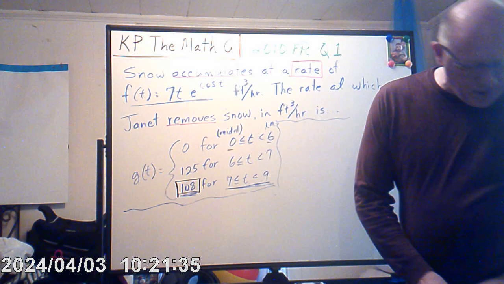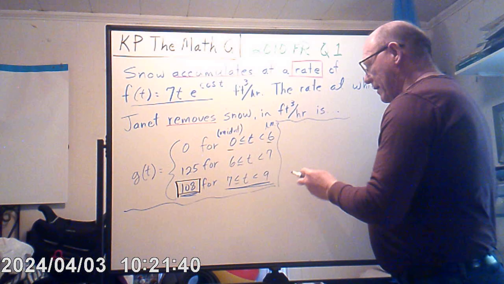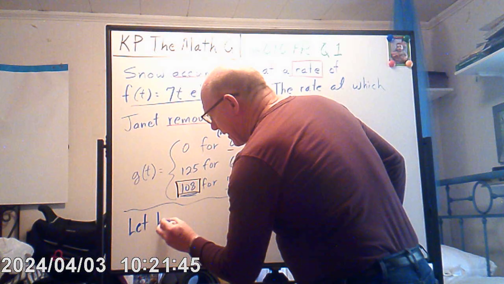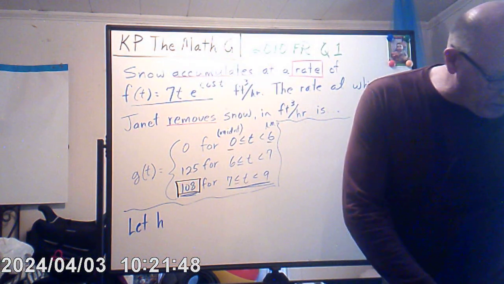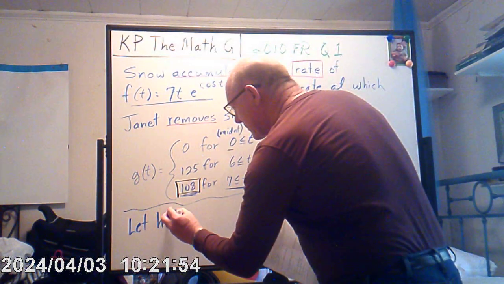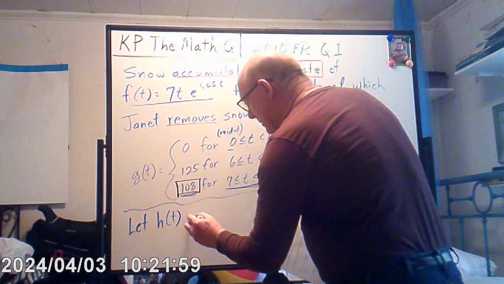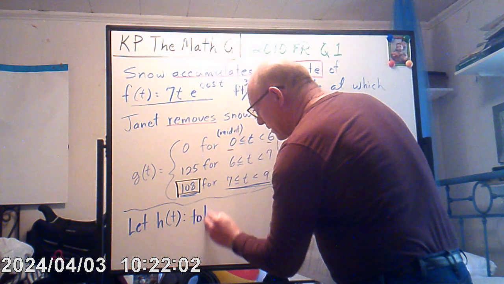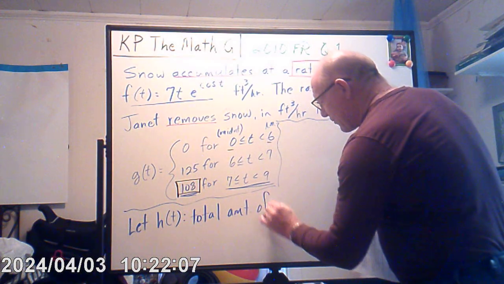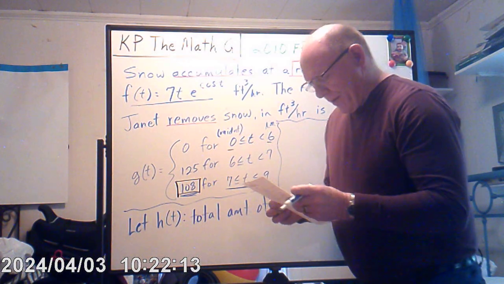All right. So let's see. It says, and I may just have to turn the board over, let H... now we're dealing with a different function, H at t, represent the total amount of snow that Janet has removed.